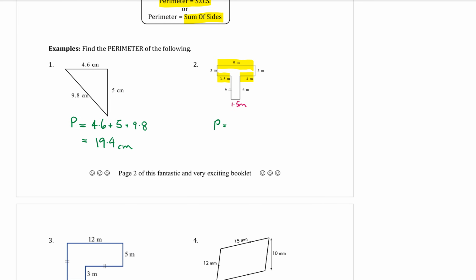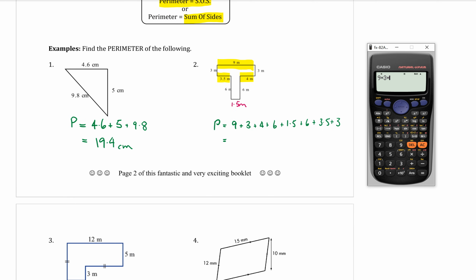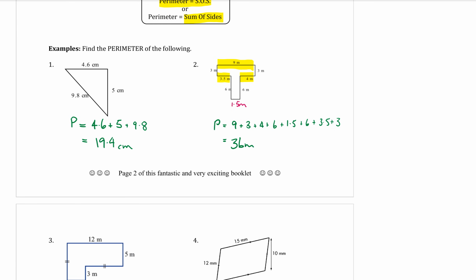So P for perimeter equals, I'm going to start with the 9 at the top and go clockwise the whole way around. 9 plus 3 plus 4 plus 6 plus 1.5 plus 6 plus 3.5 plus 3, and you put it in your calculator. And that equals 36 meters.